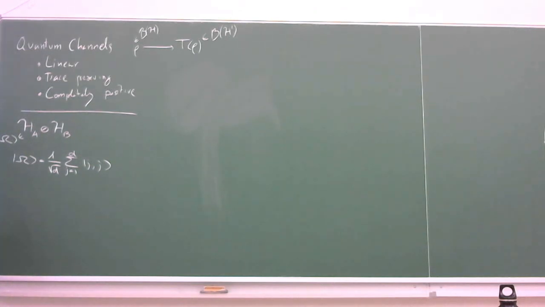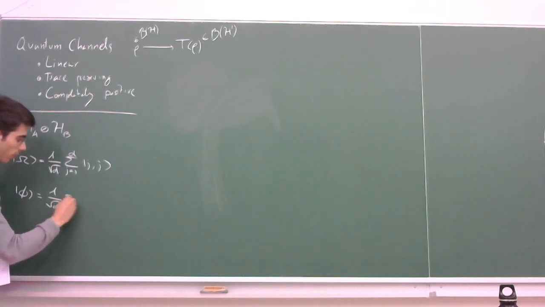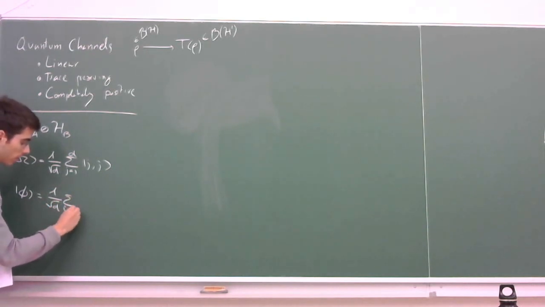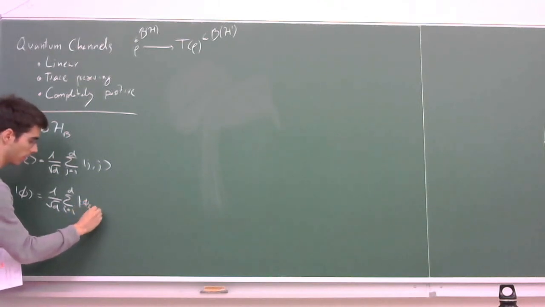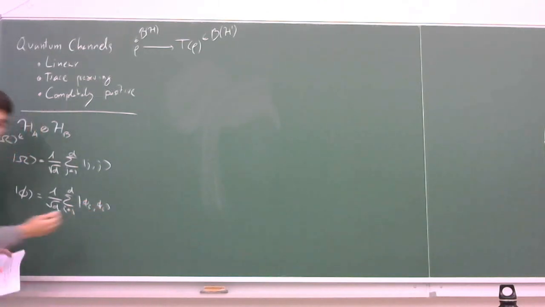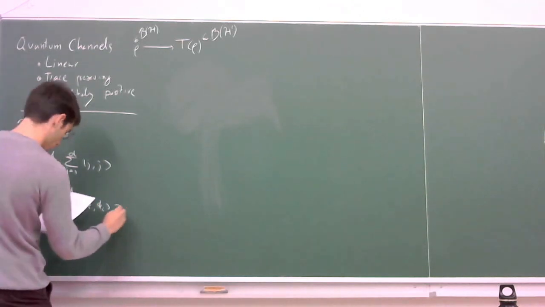So any maximally entangled state phi that could be expressed in some basis can be written as a local transformation of a canonical or a reference entangled state in this form.